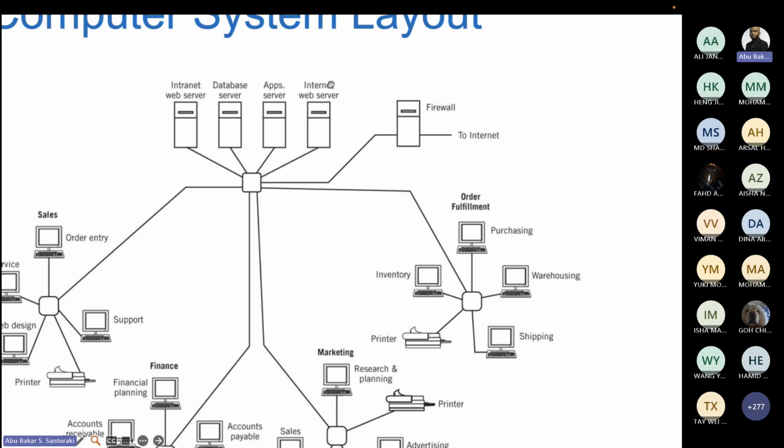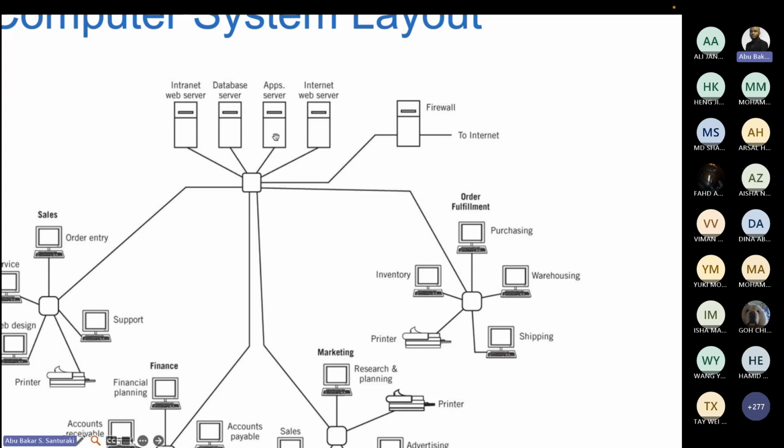What is an internet service web server? This is the computer that generates websites for this organization that can also be shared on the internet. What's an application server? It's a special computer where all the applications are stored for this organization. So if a person from order fulfillment wants to run a particular app, they don't necessarily need to install it on their computer.